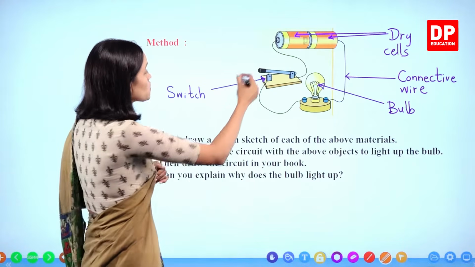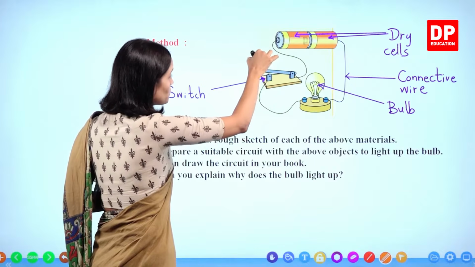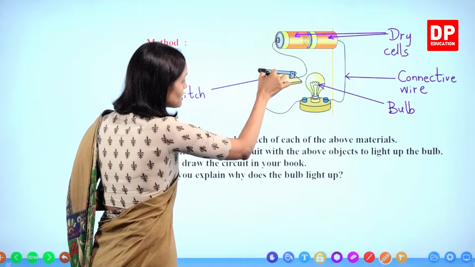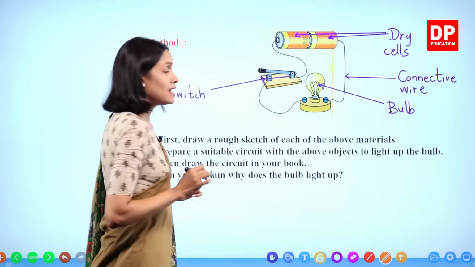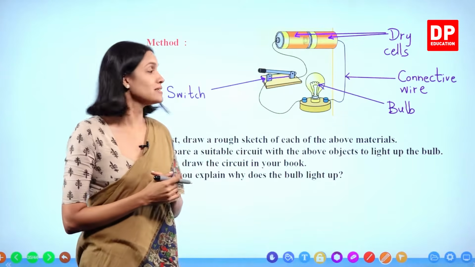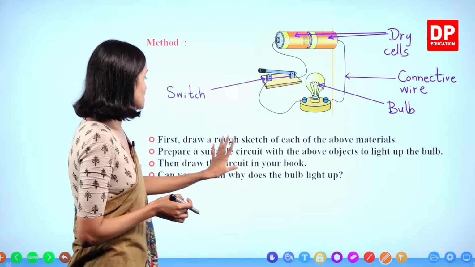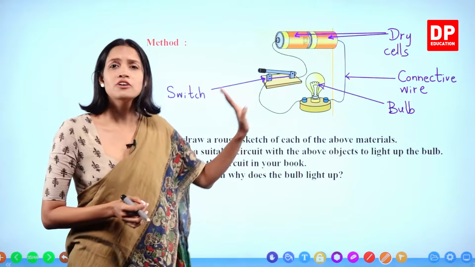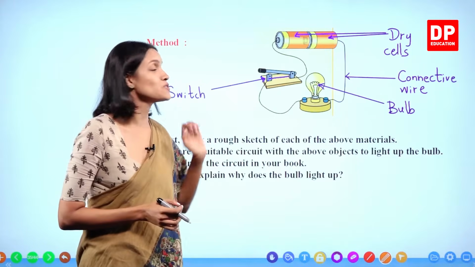Okay, children? So when you close the switch, when you put this lever down, it will connect. This one will connect with this side like this, and then you will realize the bulb lights up. Okay, children? So then draw the circuit in your book, and can you explain why the bulb lights up? First of all, we'll see this experiment in the lab.